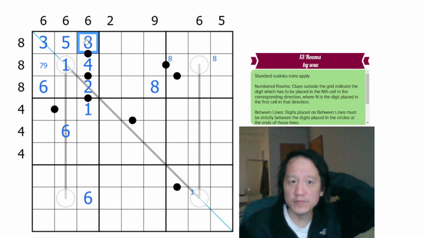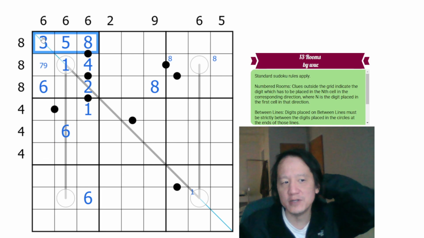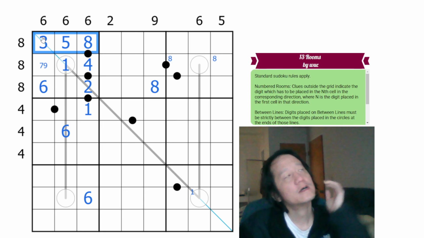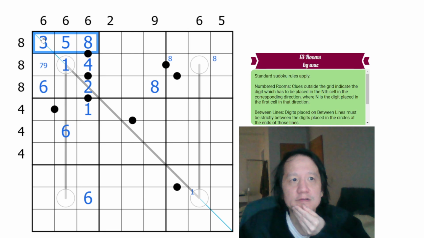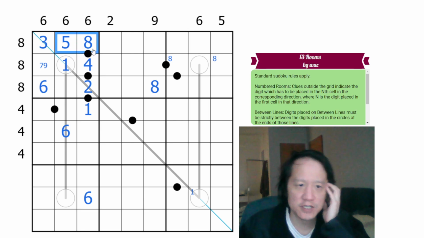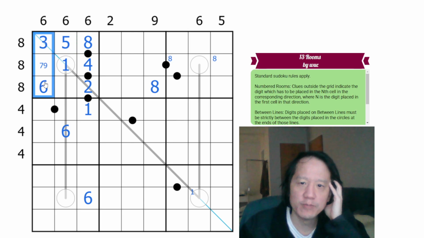And that's a very common deduction, essentially, that you can have for any numbered rooms clue.